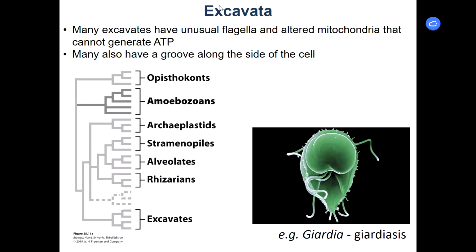So they have to be provided ATP for their mitochondria. Many also have this groove along the side of their cell. You can see this groove here. So those are defining characteristics.